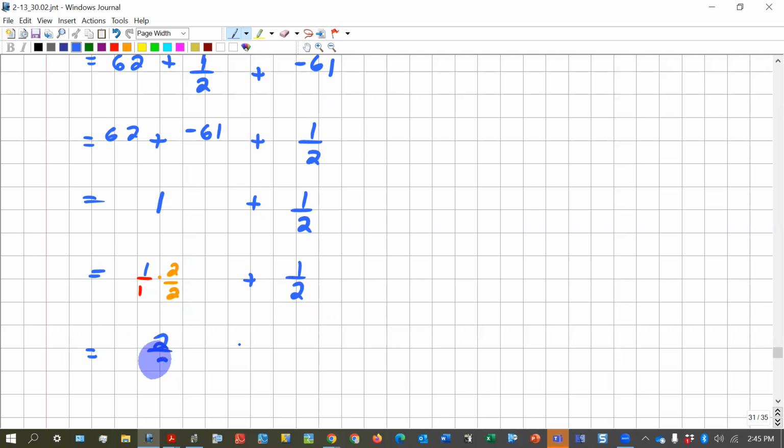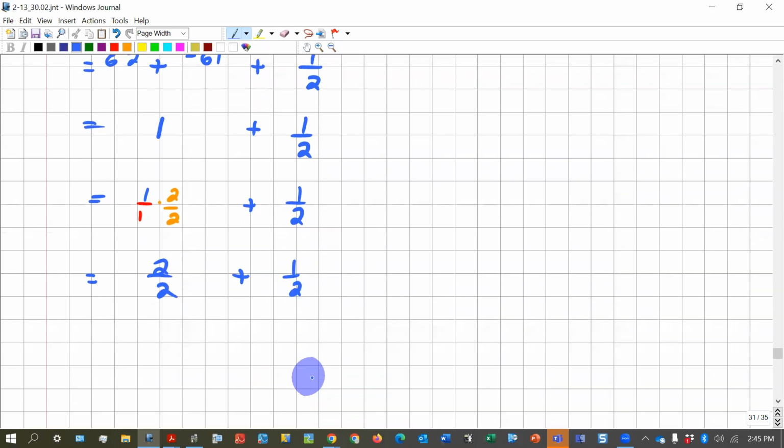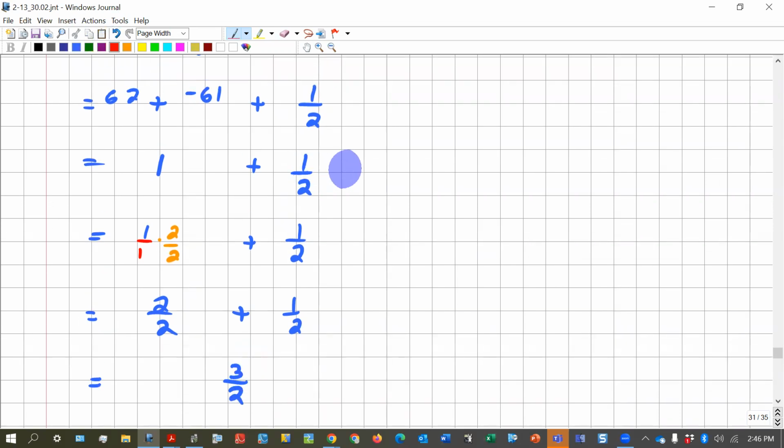So we've got 2/2 plus 1/2 is 3/2. But that kind of simplifying where the numbers work out really nice like that, that almost never happens. Or from 1 plus 1/2, we could have written 1.5. Which 3/2 is 1.5. So we could have done that too.